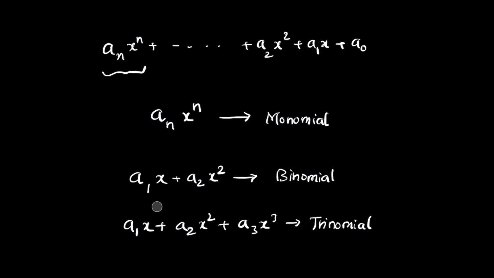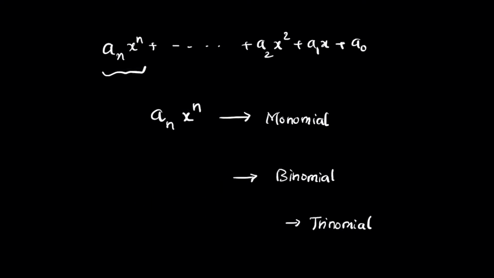Not exactly this example, but you can have it as the number of monomials that are present inside the polynomial. If it has two monomials, we call that a binomial. If it has three monomials, we call that a trinomial.